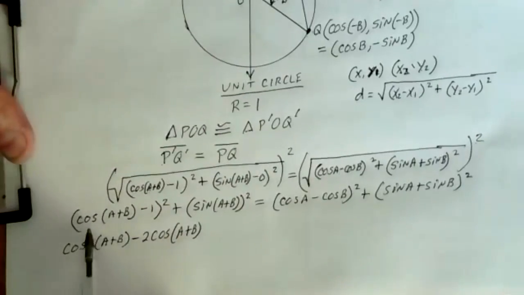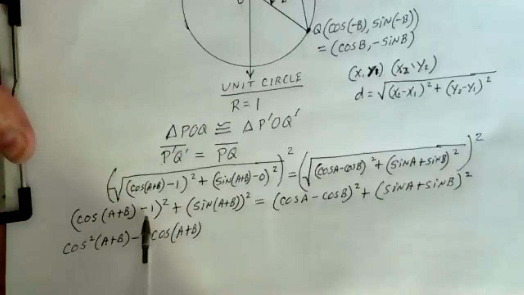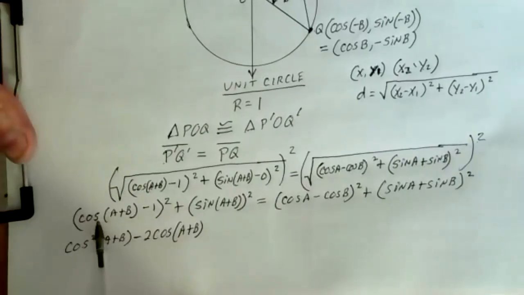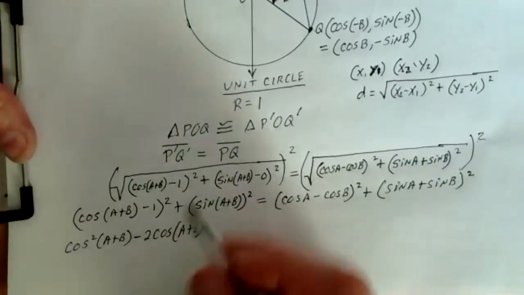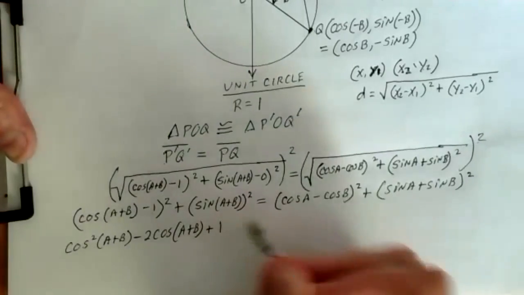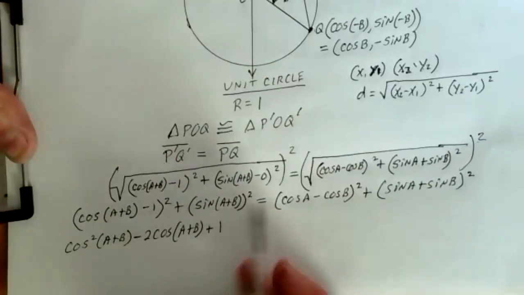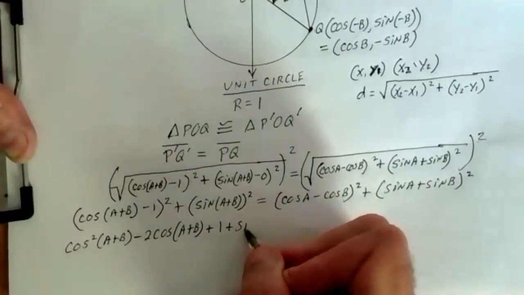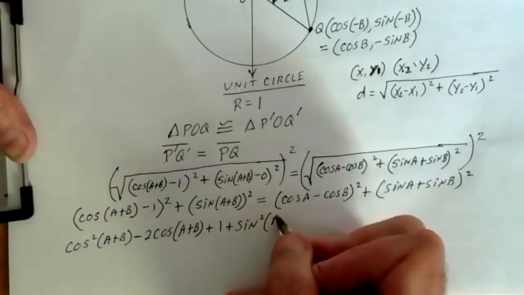I am omitting the details of FOILing this out. It's just like multiplying this binomial by itself, ladies and gentlemen. We should know how to do that from algebra. And of course, -1 times -1 would give you the last term of +1. The square of the sine of A plus B is sine squared A plus B.